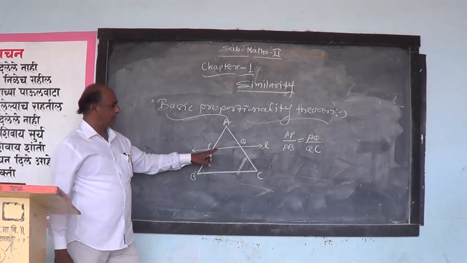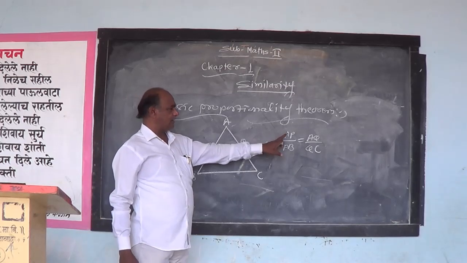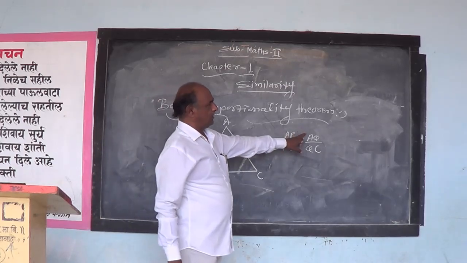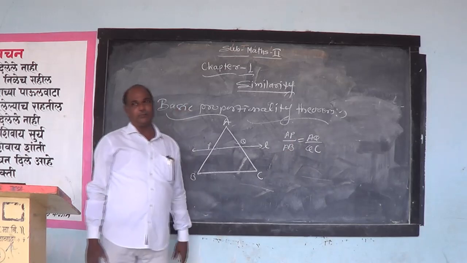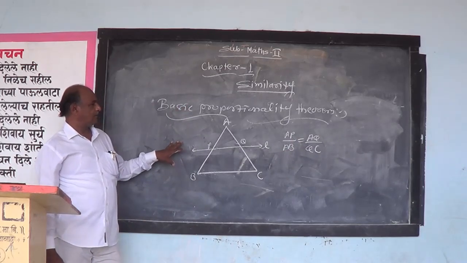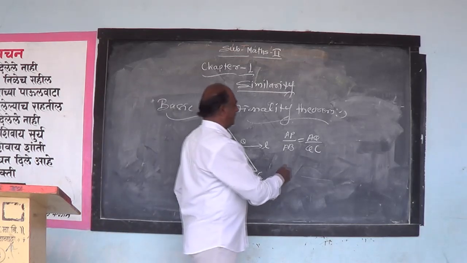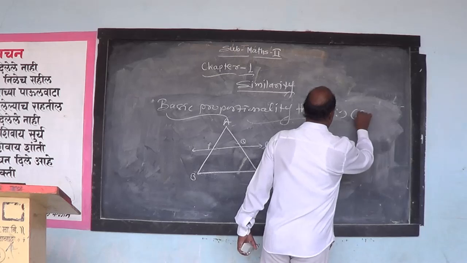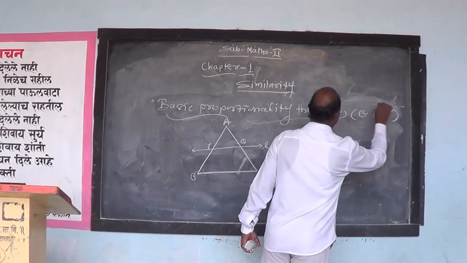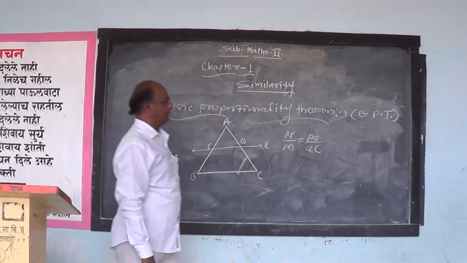Then this line divides the two sides in the same ratio, that is, AP upon PB is equal to AQ upon QC. Remember that this theorem is known as the basic proportionality theorem, shortly known as BPT.